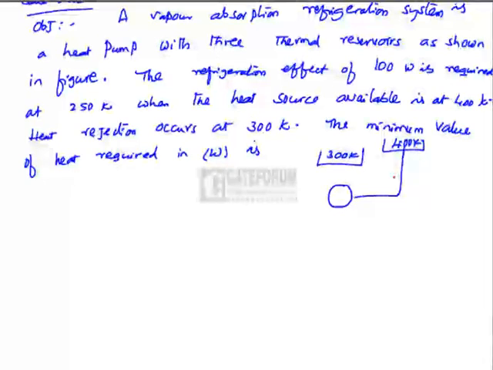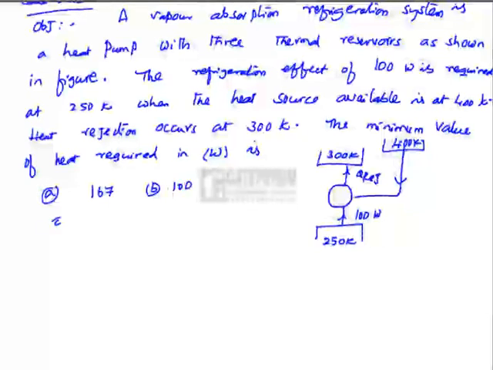It is supplied heat from the 400 Kelvin reservoir and absorbing heat from 250 Kelvin, of how much? 100 watts, which has been given in the problem, and rejecting heat to the 300 K reservoir. The answers given are A 167, B 100, C 80, D 20.